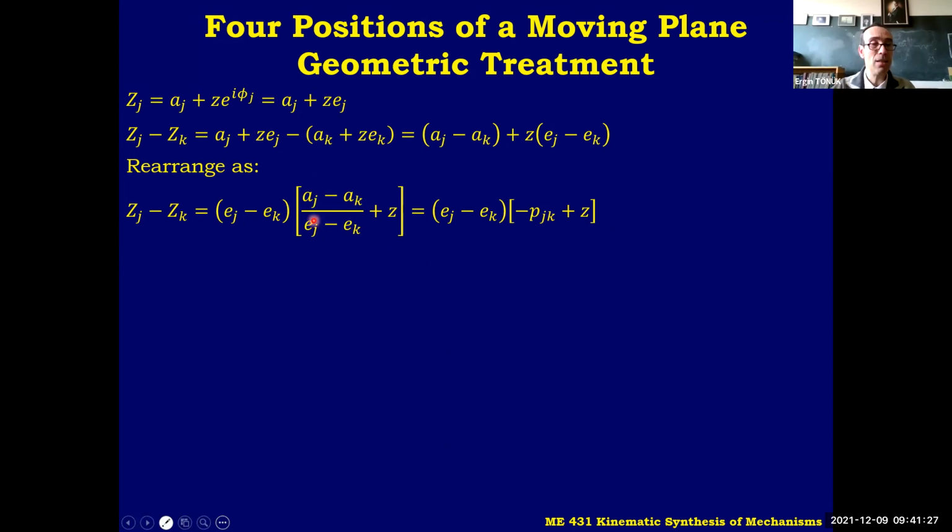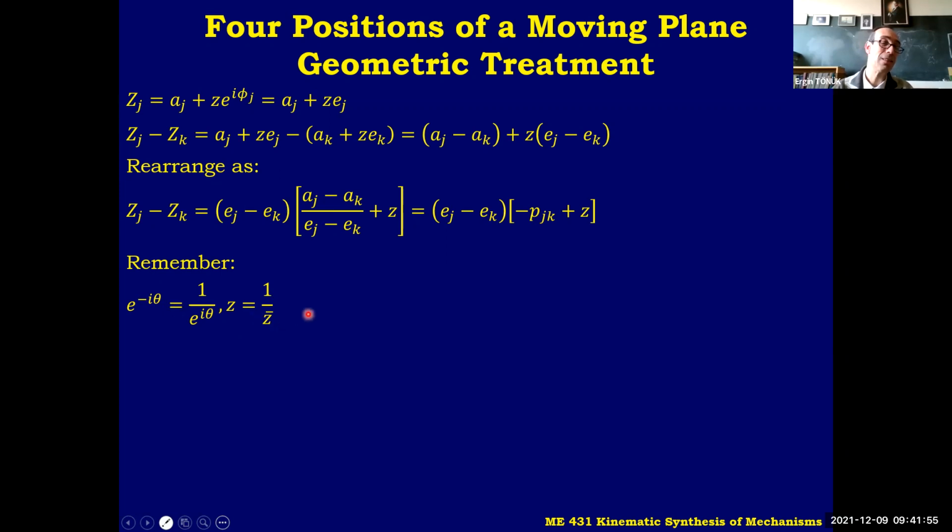Then let's remember another property. E to the negative i theta is 1 over e to the i theta, and a complex number is 1 over its complex conjugate, or you could have the minus here plus there, it doesn't matter, okay?